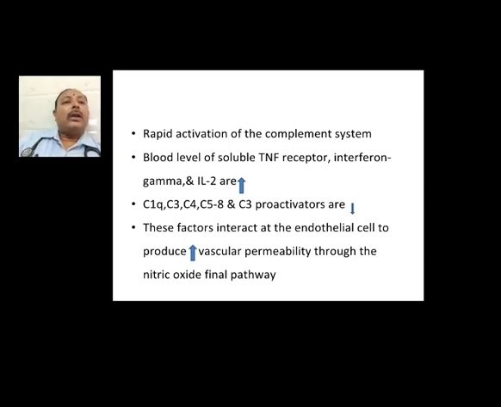Blood levels of soluble TNF receptors, that is tumor necrosis factor, interferon gamma and IL-2, that is interleukin 2, are elevated, while C1q, C3, C4, C5 to 8 and C3 proactivators are decreased. These factors interact at the endothelial cells to produce increased vascular permeability through the nitric oxide final pathway.